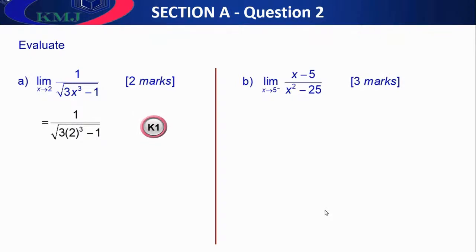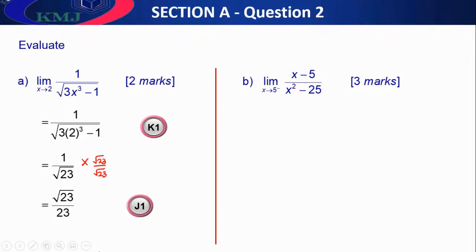Then we get 1 over square root of 23. Since the denominator is an irrational number, we multiply by the conjugate to rationalize the denominator. So the final answer is square root of 23 over 23. So J1 for the answer.